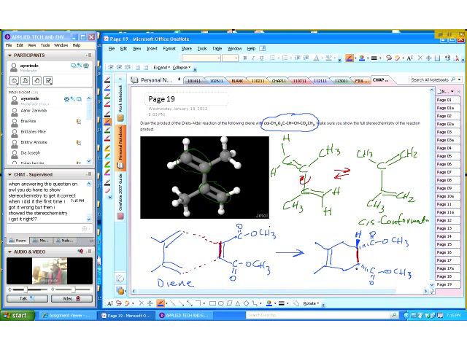Very often, I might expect you to do that. So that is the stereochemistry that you have to show there. Is there any question on this before we move on? Okay, very good. Let's go to the next one.